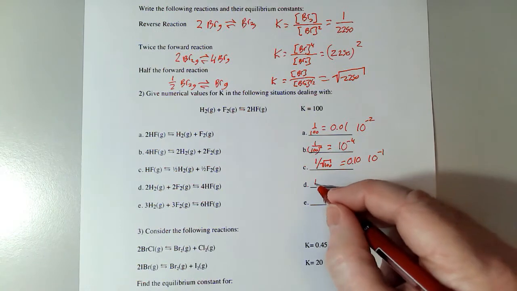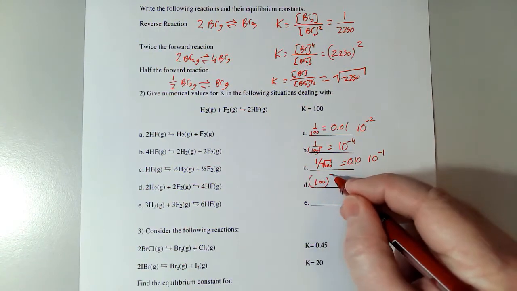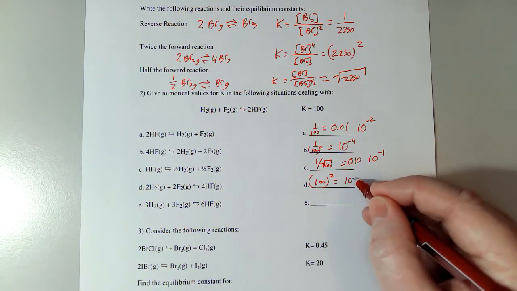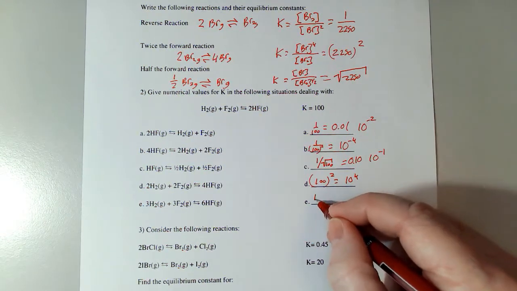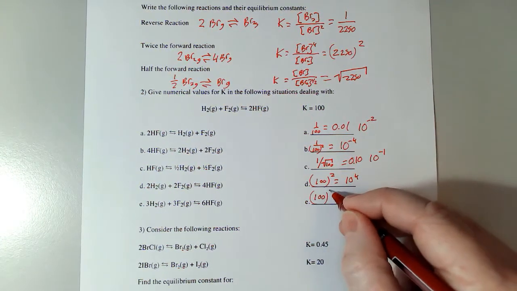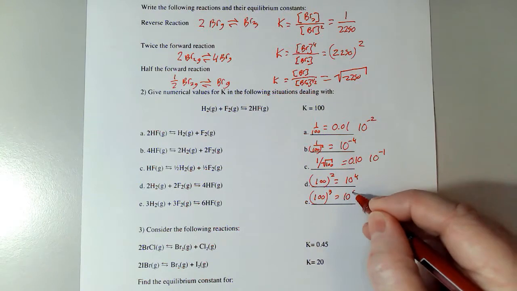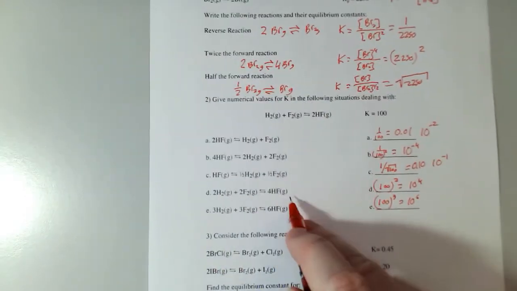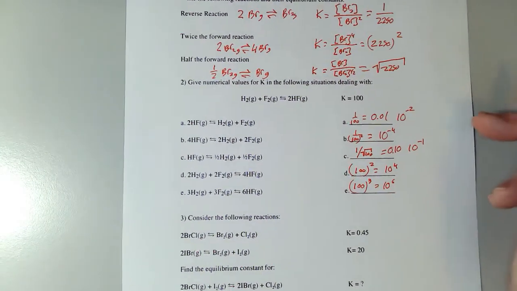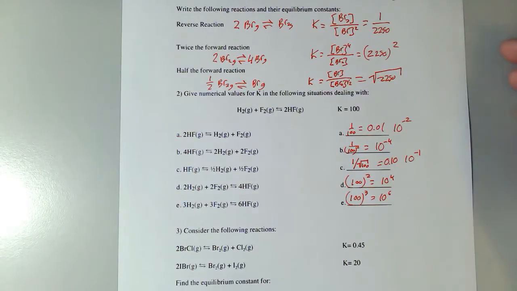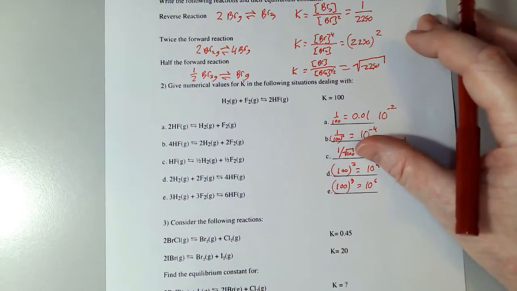Here it's 100 squared, which would be 10 to the 4th, and for the next one, 100 cubed, which is 10 to the 6th, because here I doubled the reaction and here I tripled it. Okay, these make great multiple choice questions.